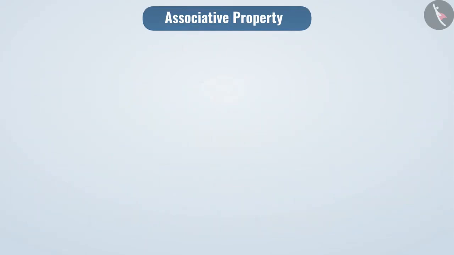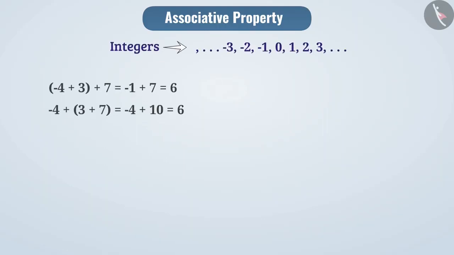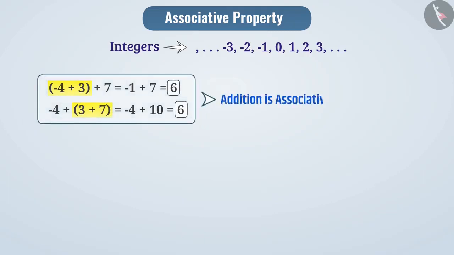In the previous class, we learned that for performing addition on integers, we can group them in any way, that is, with the help of parentheses, any two numbers can be kept together. We will get equal results in every situation. So we say that addition of integers is associative.